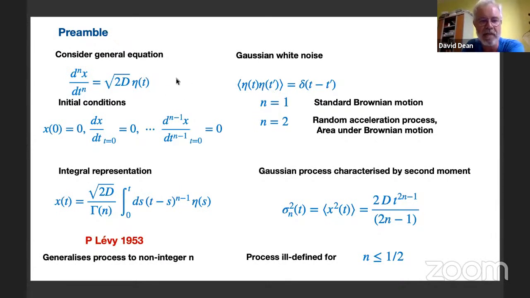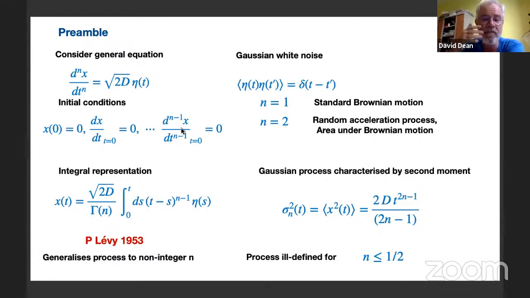If I just have n equals 1 here, then if I integrate the equation, if I integrate white noise, I just get standard Brownian motion. I look at this class of processes, and I'm going to assume that everything starts off at 0. So all the derivatives, the initial position, the first derivative, up to the n-1th derivative, I'm going to set to 0.